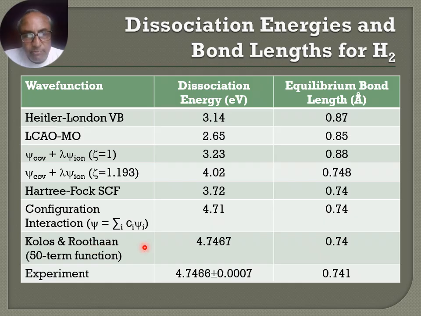And the best wave function obtained so far, by Kolos and Roothaan using a 50-term expansion, gave 4.7467 electron volts dissociation energy, well within the experimental error, and 0.74 angstroms equilibrium bond length.